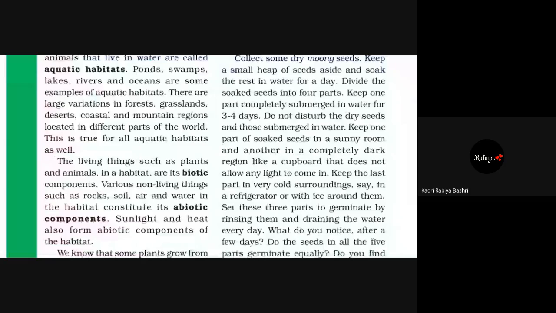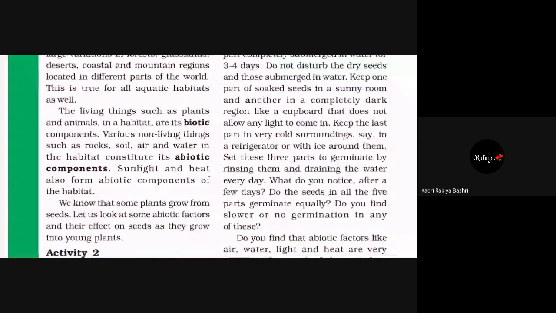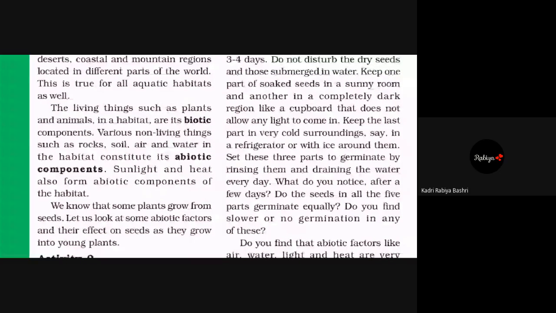Next, read. The living things such as plants and animals in a habitat are its biotic components.